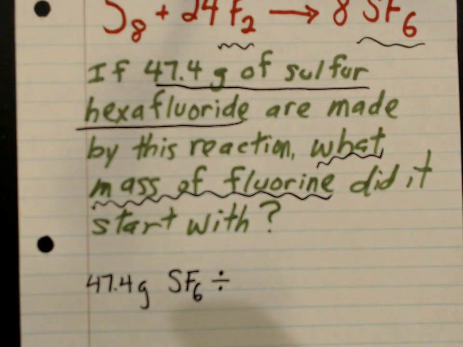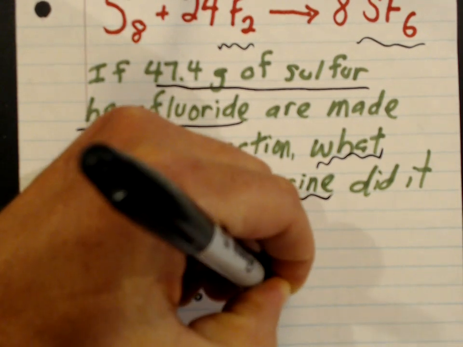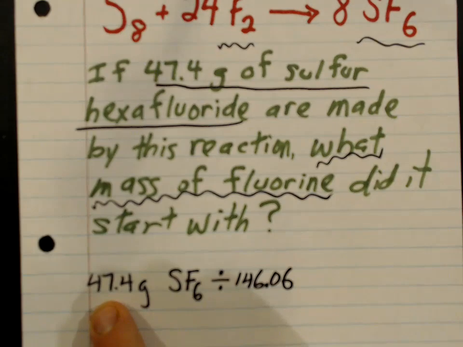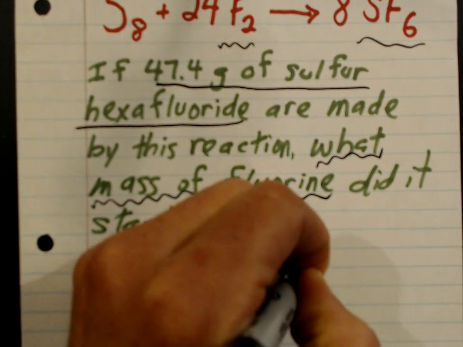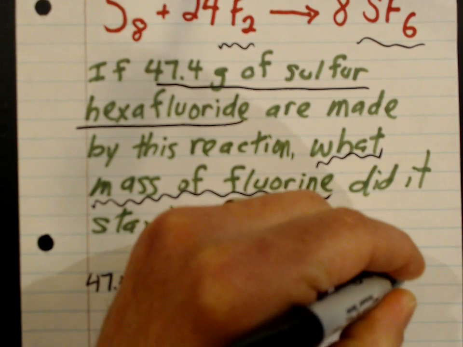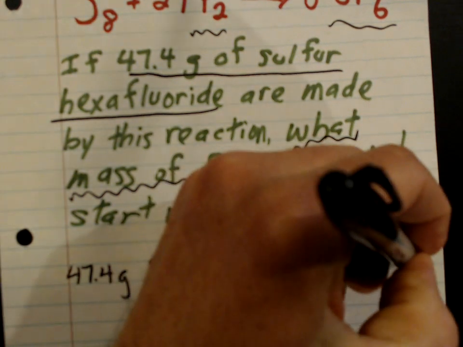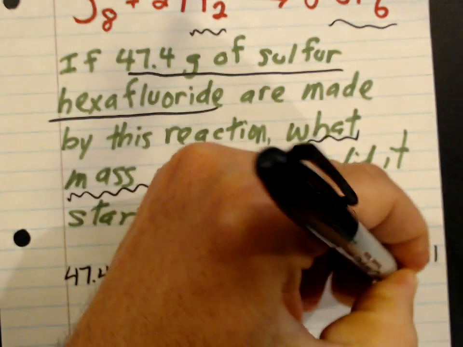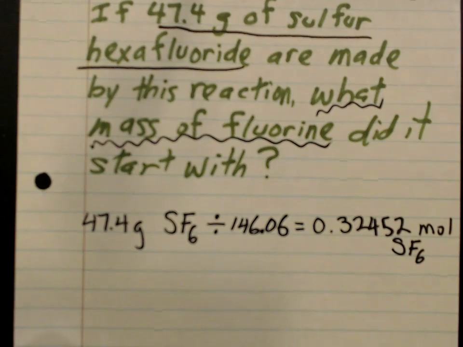I'm going to get 146.06. And there we go. So 47.4 divided by 146.06 is going to give us this nice number, 0.32452. And what are the units? That's going to be moles of this substance. Moles sulfur hexafluoride. There we go. Great. Next step.